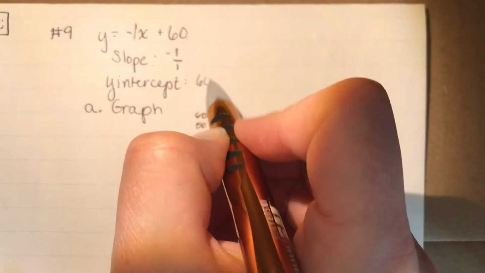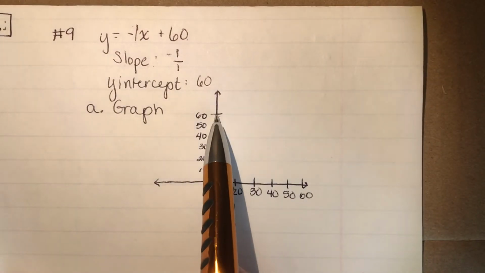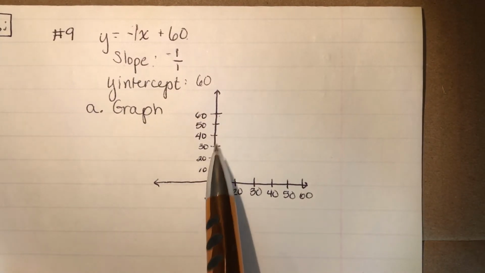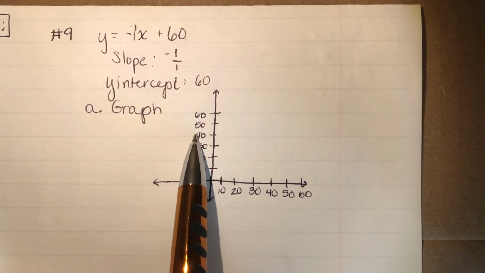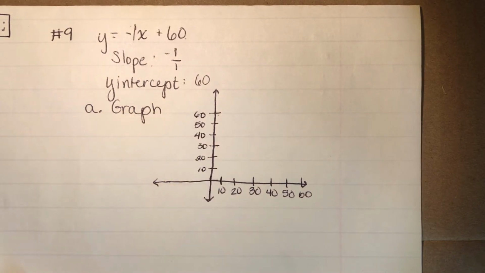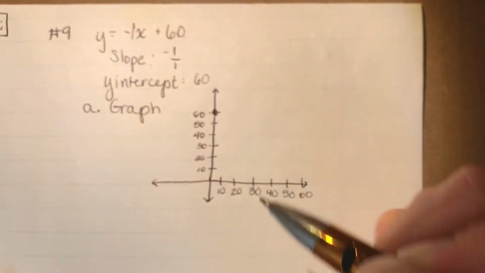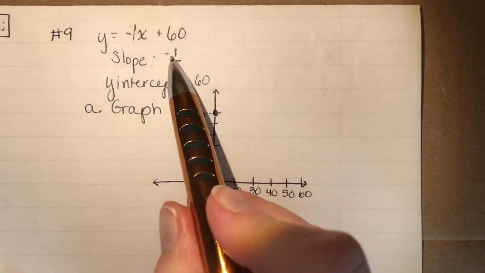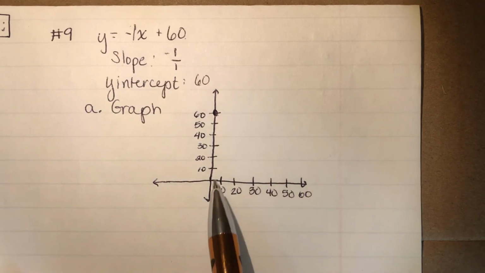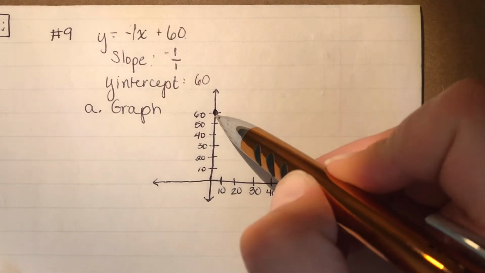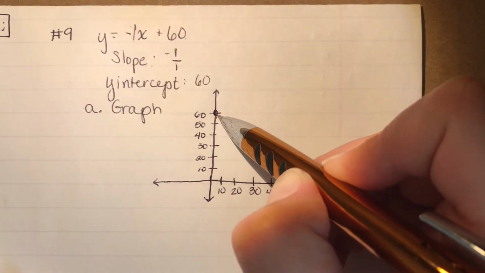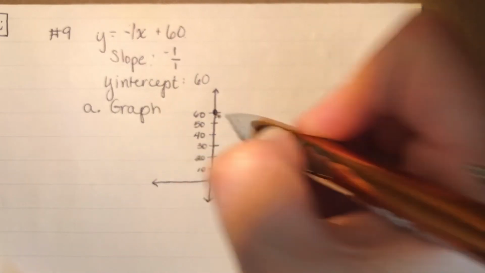There's no way I'm going to go ahead and graph that high up, okay? Like going 1, 2, 3, 4, 5. So as long as you label the intervals, it's okay. So I'm going to go ahead and put my 60 as my y-intercept. This one's a little tricky. I mean, because I'm going by tens, it would mean that I'd go down 1 over 1. So it would be right around here.